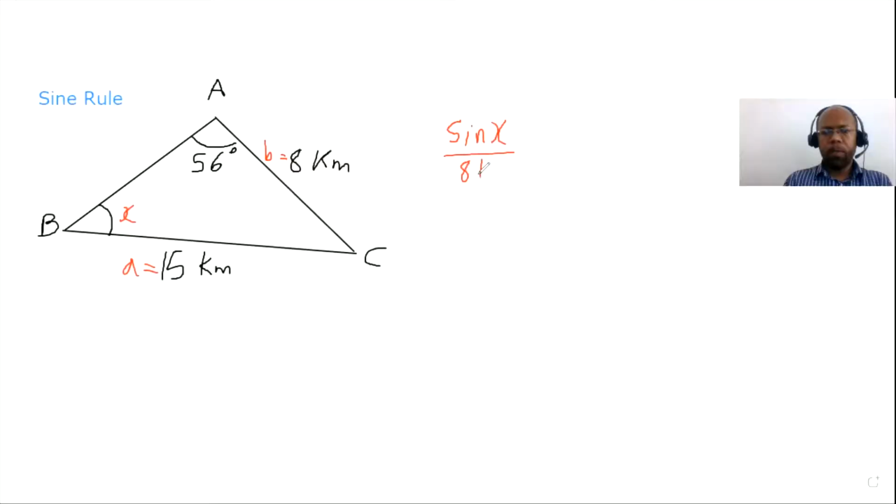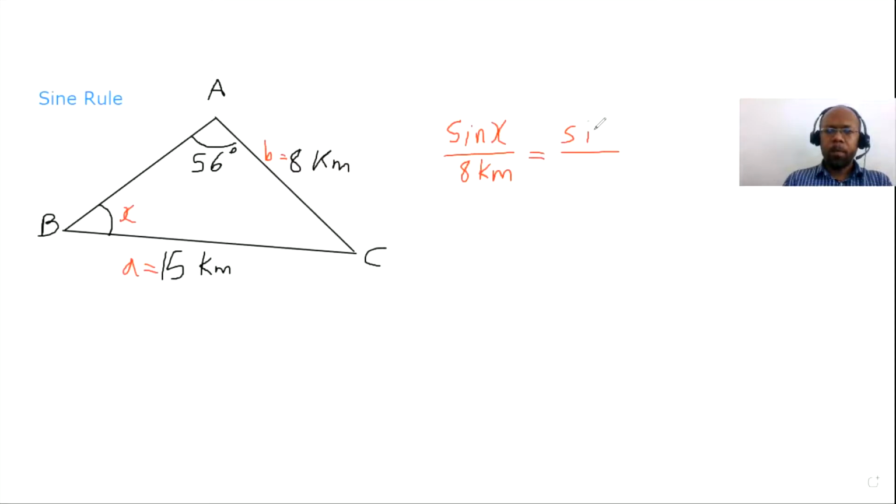Now, if I was looking for the side, let's say I had this angle, but I was missing this, guys. Then I would have had this problem flipped the other way around. Okay? All right, so now we're looking at sine of 56.